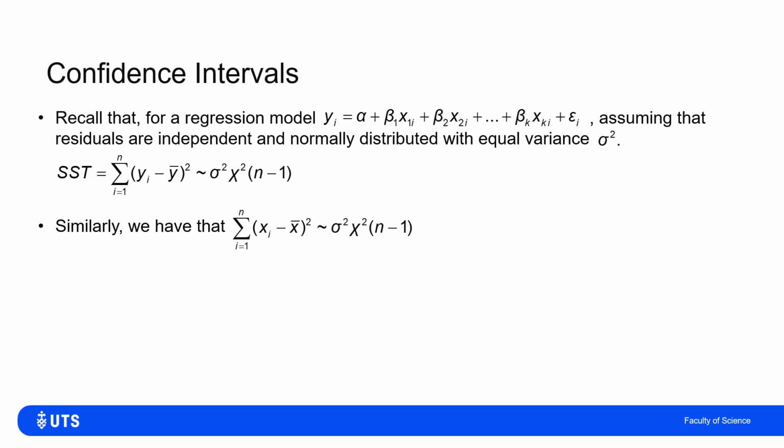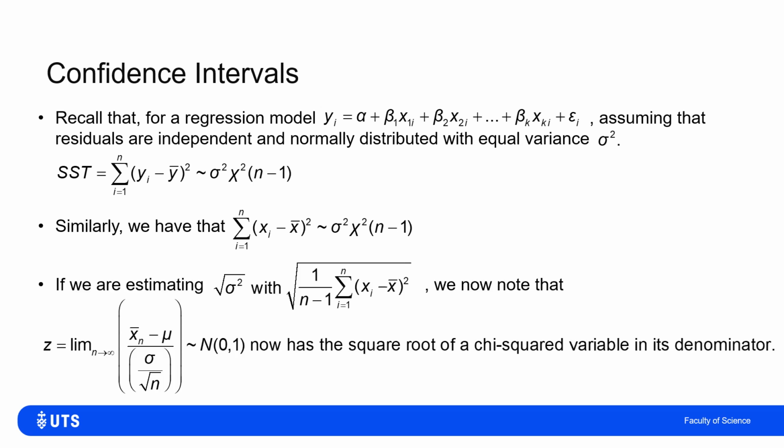Similarly, I can say the same about the x's, where they, of course, are constrained to still have mean x bar. So it does mean that if I'm trying to estimate the sigma squared parameter with an estimate of it, in this case 1 over n times the sum of the xi minus x bar squared, then what I've got is something which is like a normal on the top and the square root of a chi-squared variable over n in the denominator.